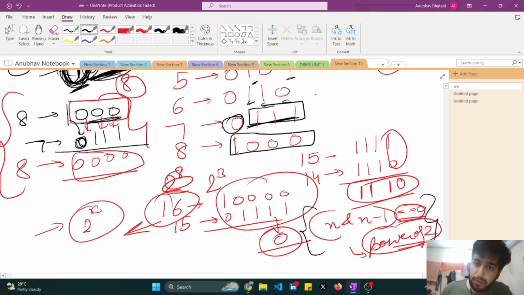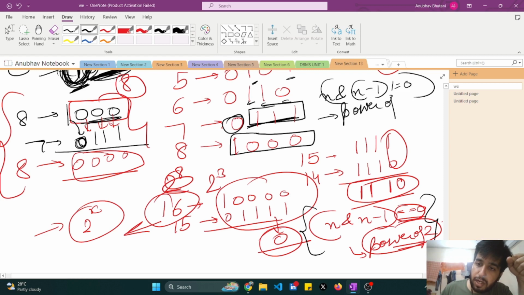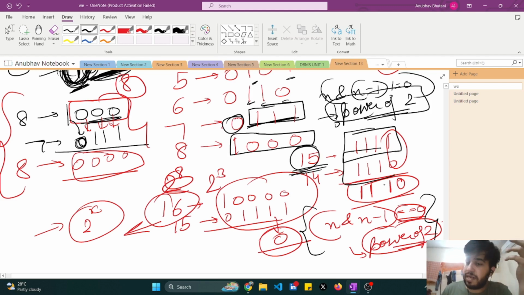But if I do n AND n minus 1 and it is not equal to 0, then it is not a power of 2, because we tried it for 15, right? The elements were not complementary.